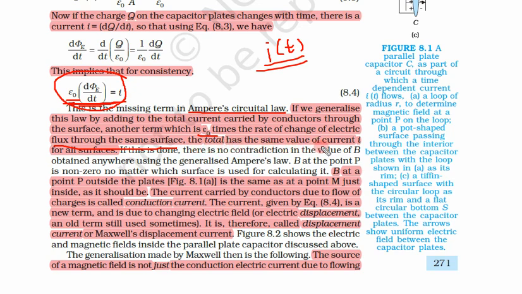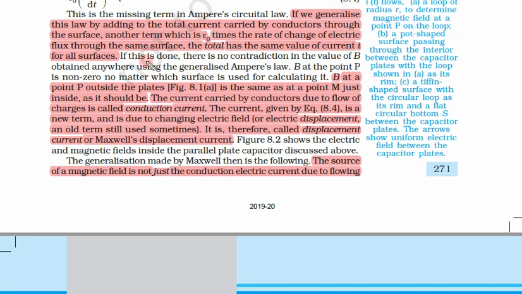The total has the same value of current I for all surfaces. Even inside there is some current flowing, and this is an additional term that we must add to Ampere's circuital law. After that it becomes correct, and there is no contradiction.